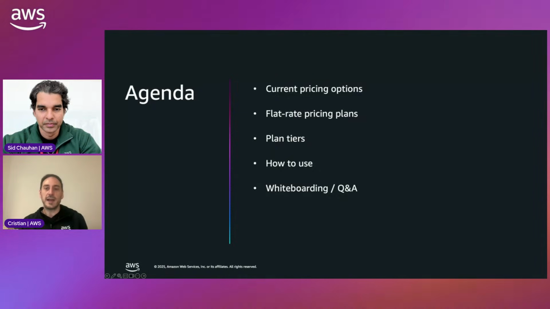We'll talk a little bit about how the plans are constructed, what's included in each tier, and then we'll cover how you can extend the benefits of these plans more broadly on AWS to services like application load balancer, S3 storage, API gateway, and more. And then we'll have time for Q&A. We'll look through some potential architectures where you can use these flat rate plans in your applications.